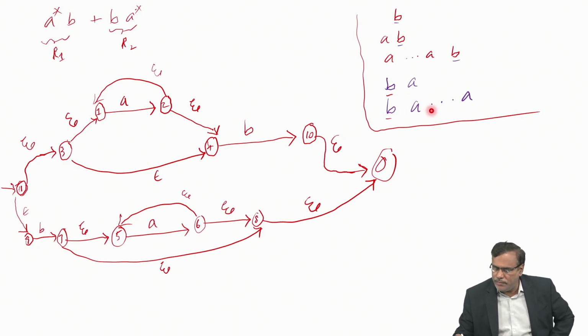If you have b followed by two a's, it goes b, first a, second a, and then like this. If there are more a's, on encountering the last a it takes this path. This is how it gets processed.